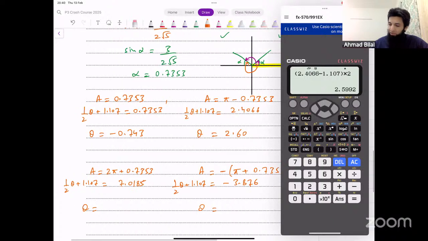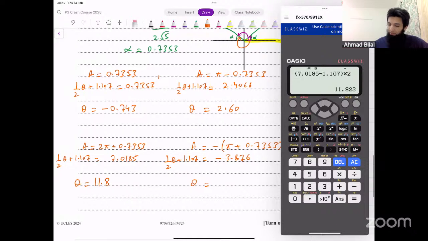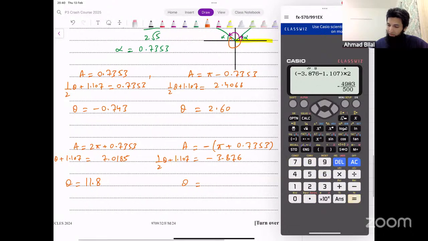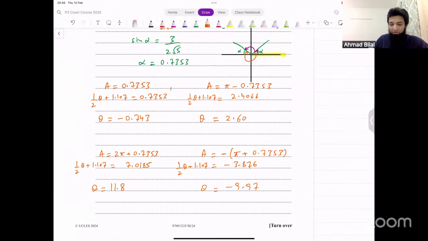And then the next one, 7.0185, that's 11.8. And then finally, minus 3.876 gives minus 9.966, so minus 9.97. These are the 4 possible values of theta that we're getting. These are our solutions.